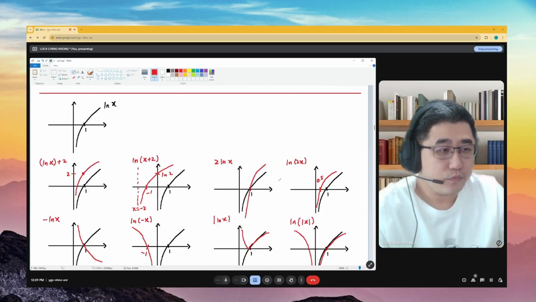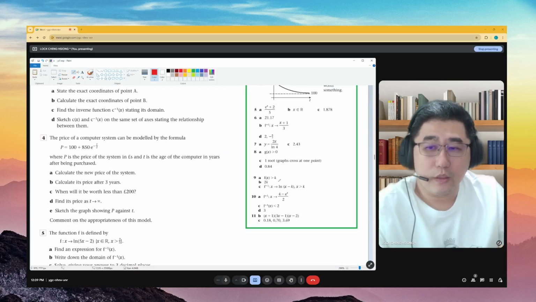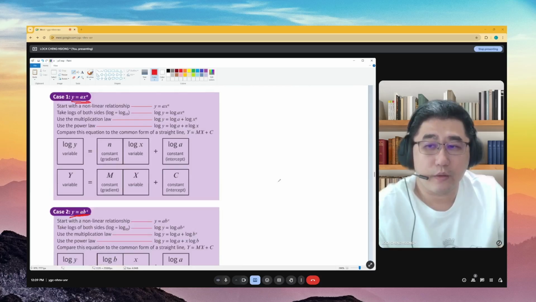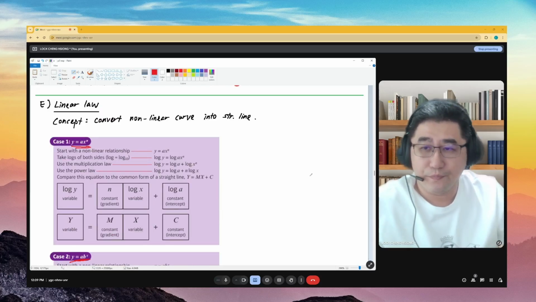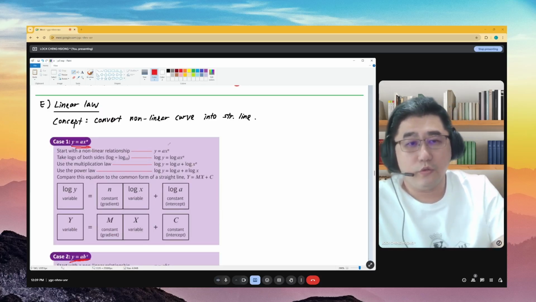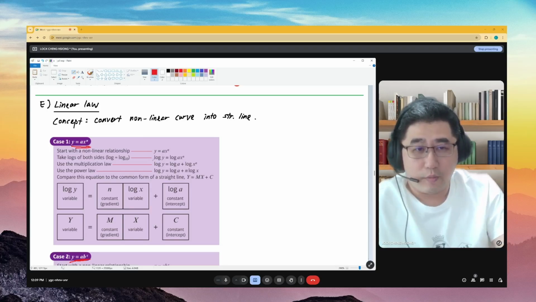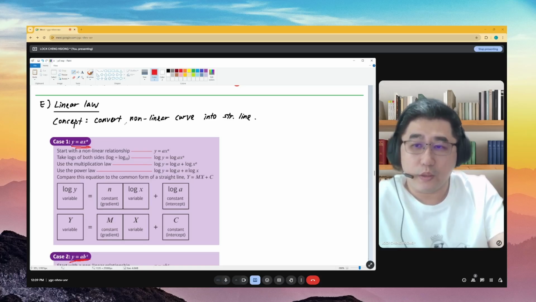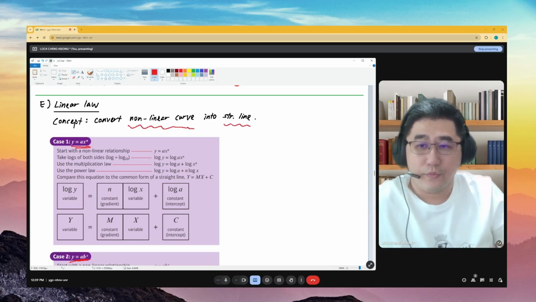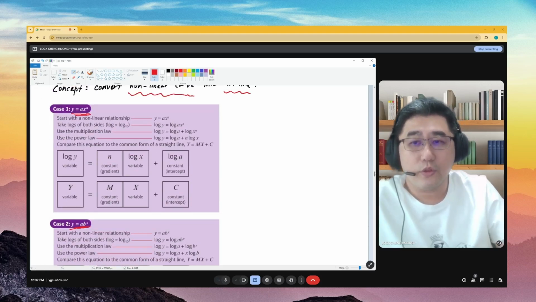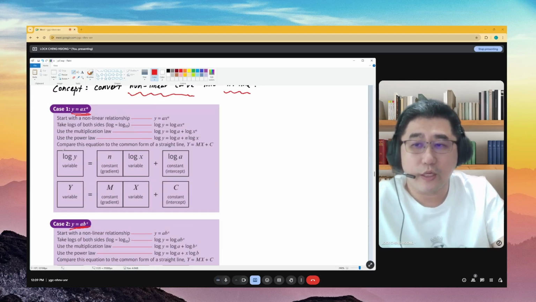Finally, the last part of the topic is called linear law. For those students who have done MS before, this one is quite familiar. The concept is to convert a non-linear curve into a straight line. So I have two cases here.